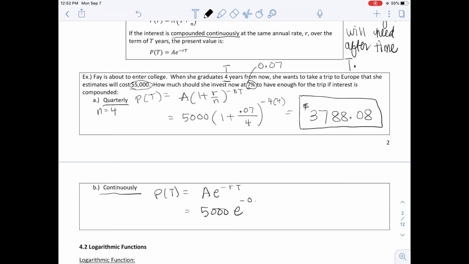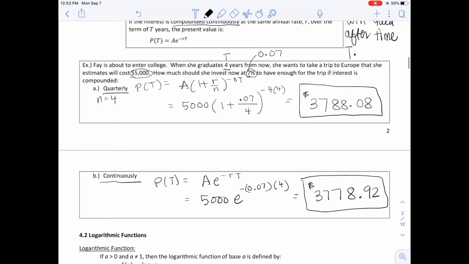E to the negative rate, which is 0.07, and T is still the 4 years. Entering this in on our calculator, we get $3,778.92. So if she went with this bank that has continuous compounding, she doesn't need to invest as much at this time because it's compounded more often.